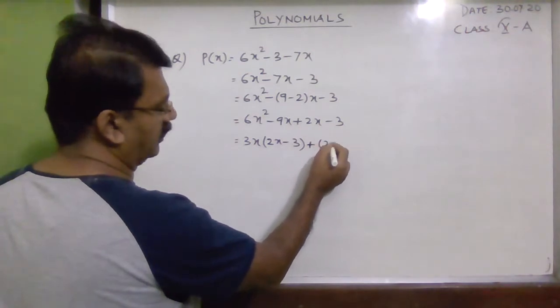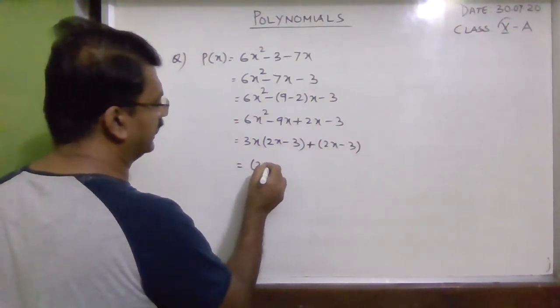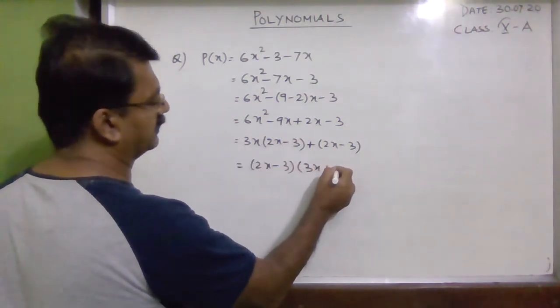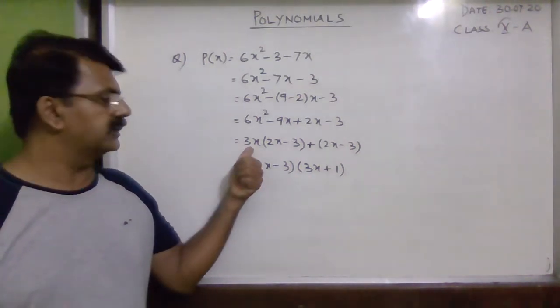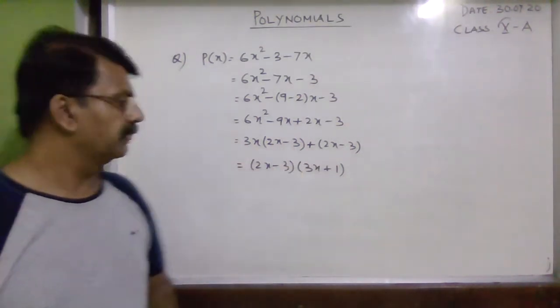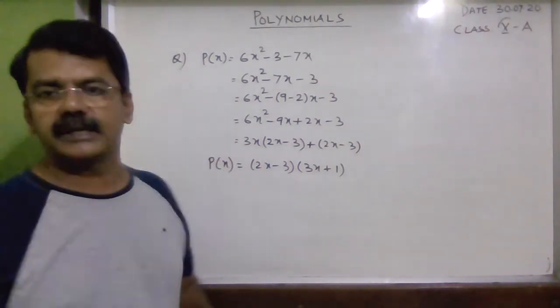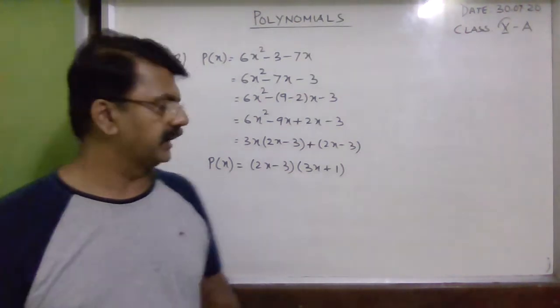And it is automatically 2x minus 3 in the last two terms. Now 2x minus 3 can be taken as common from these two. So in the other bracket, we will have 3x plus 1. So we have found that p(x) is equal to 2x minus 3 into 3x plus 1.